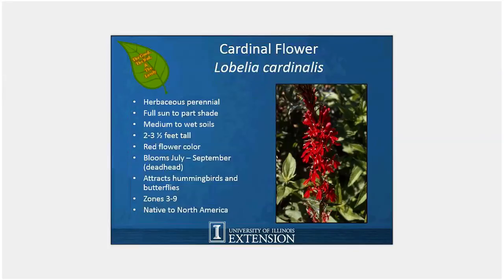It does offer us a long period of bloom. After it's done with its first bloom, deadhead it, cut the flower stalk off. You often will get a second flush of color, though not as prolific as the first. And with its red color, as you can assume, hummingbirds are attracted to it, as well as numerous butterflies.